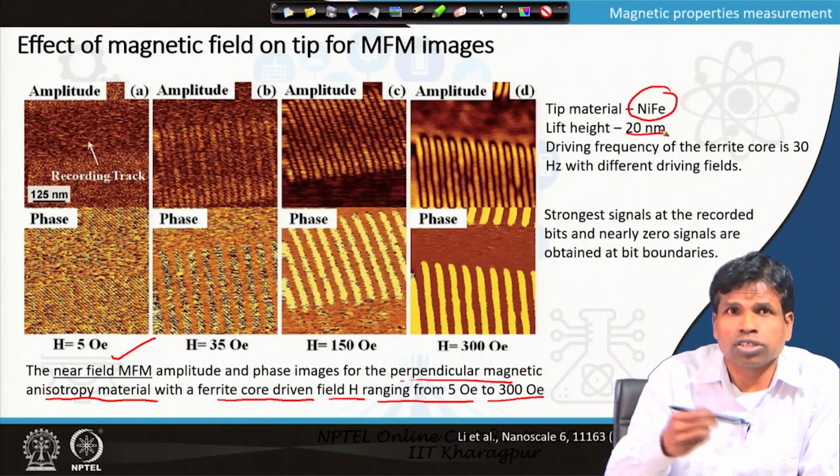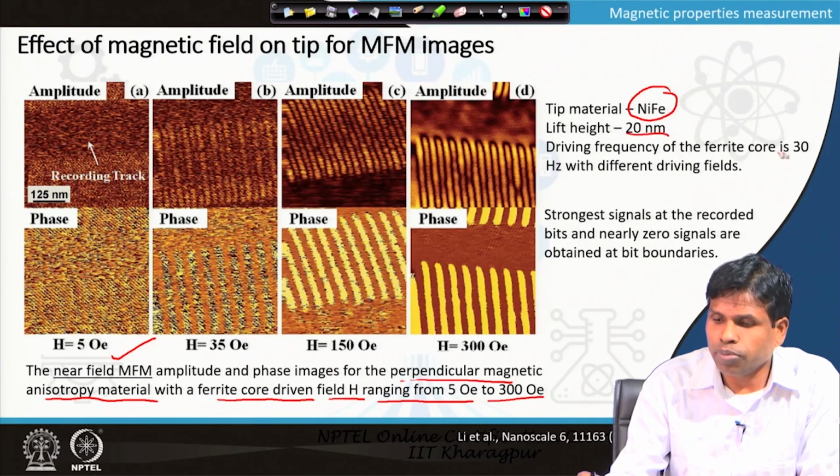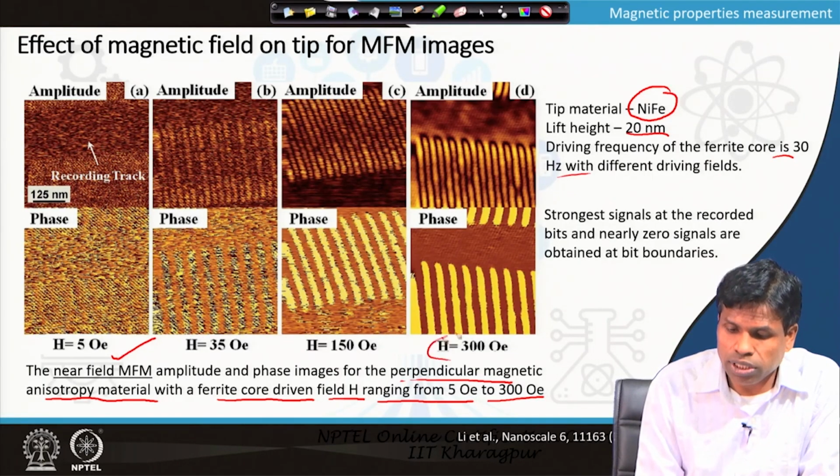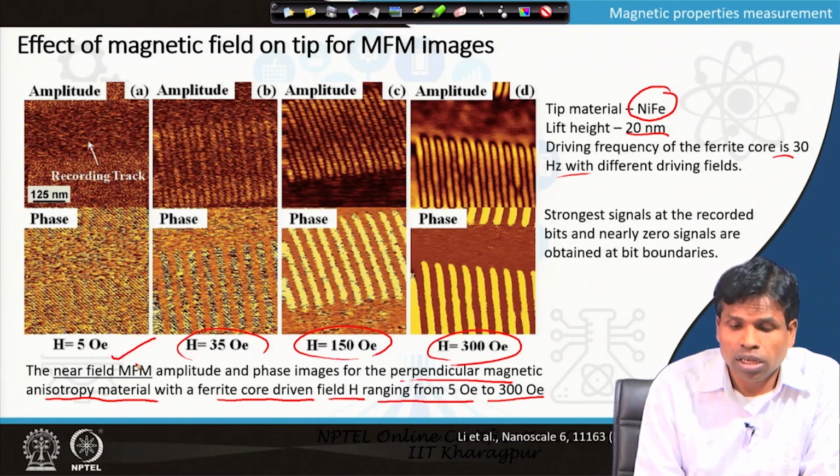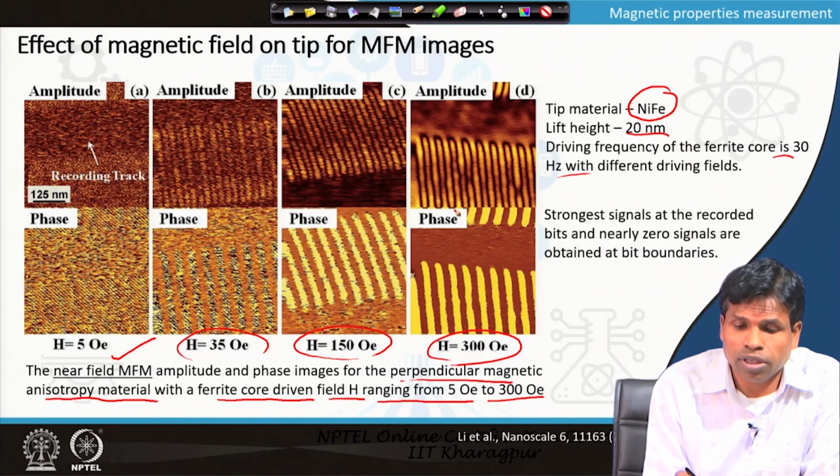The scanning was done in oscillation mode, and the driving frequency of the ferrite core was 30 hertz with different driving fields. As we increase the driving field below the sample, we could see a clear cut contrast difference in the sample.